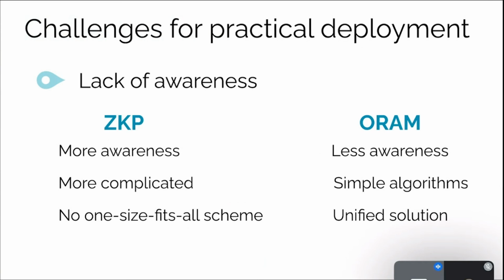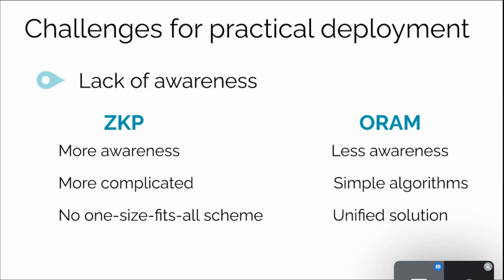So actually, it's very interesting to contrast ORAM with zero-knowledge proof. In the blockchain community, zero-knowledge proof has much more awareness, partly because zero-knowledge proof can enable these scaling applications. But actually, if you compare ORAM and ZKP, ZKP is much more complicated, mathematically speaking.